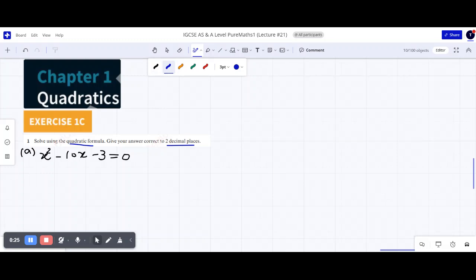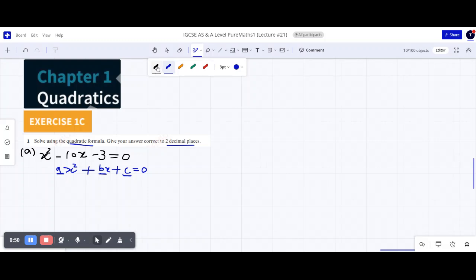A standard quadratic equation is ax squared plus bx plus c equals 0. It means that the coefficient of x squared is a, the coefficient of x is b, and the constant value represents c.